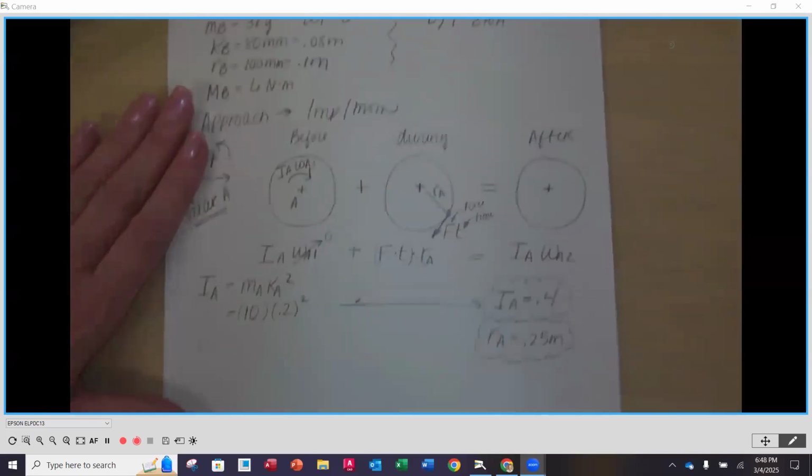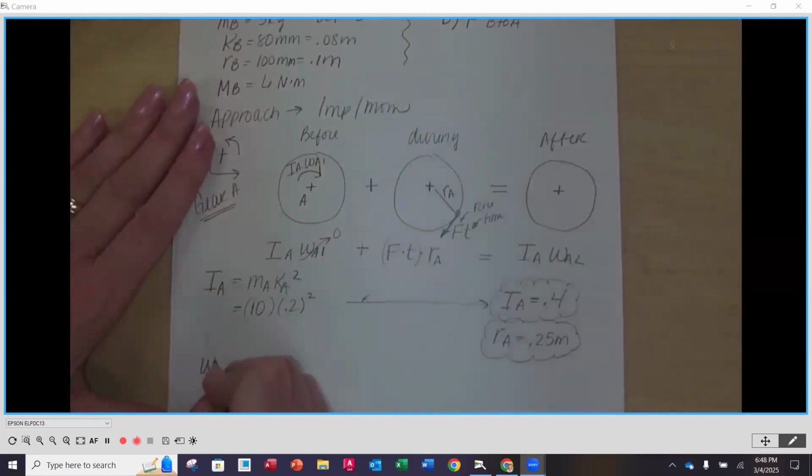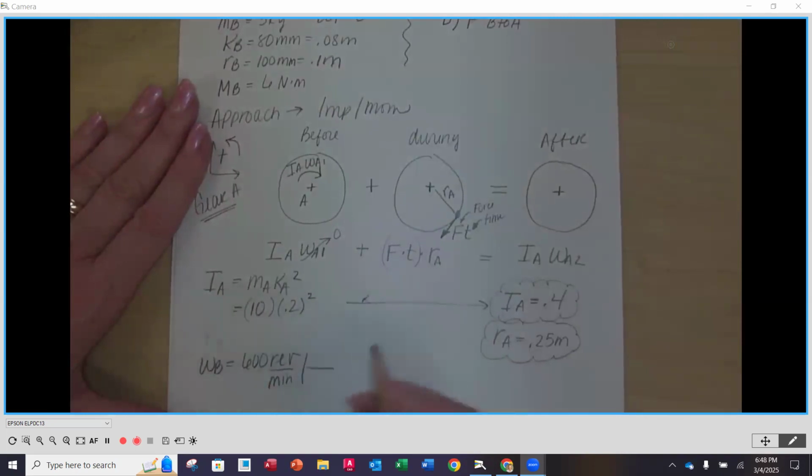To do that, we first need to get our angular velocity of B into radians per second. So it is at 600 revolutions per minute. To convert that, we know that there is 2 pi radians in 1 revolution, and in 1 minute, there are 60 seconds.